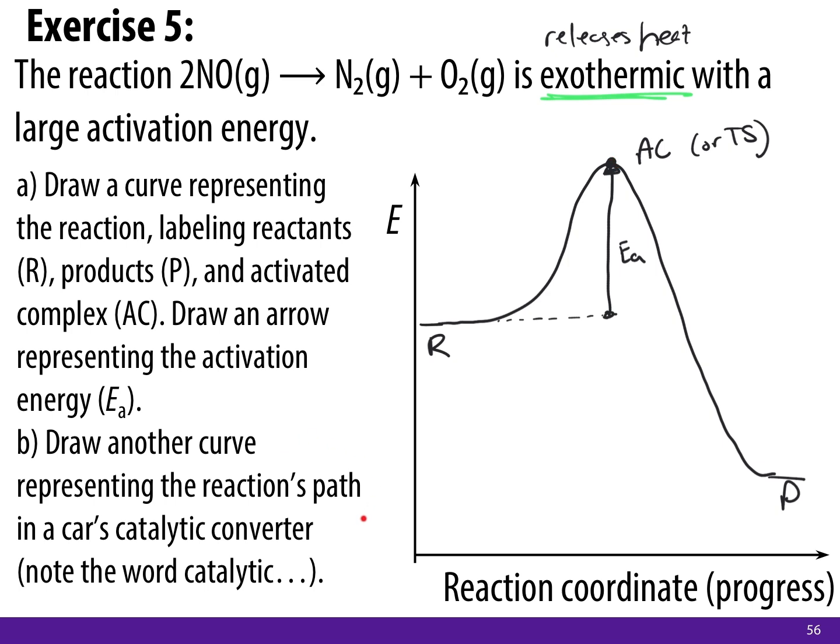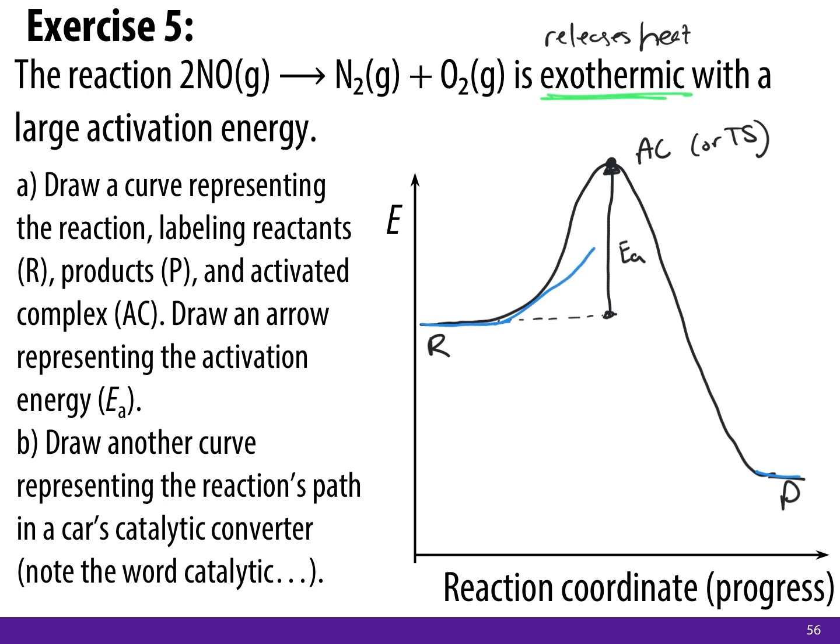Next, we're going to draw another curve showing the reaction's path in a car's catalytic converter. Note the word catalytic, so catalytic converter is a catalyzed pathway for the reaction. I'll maybe draw that in blue here. Same reactants, same products, but the difference is that the catalyst stabilizes the transition state or stabilizes the activated complex, lowering the activation energy.